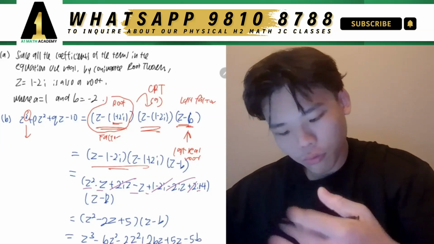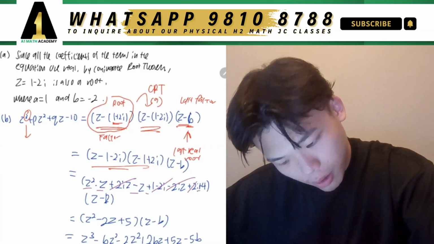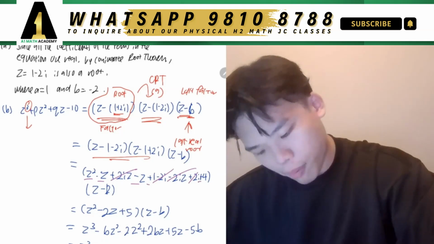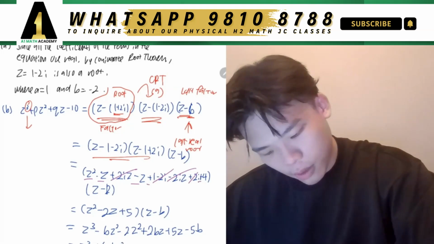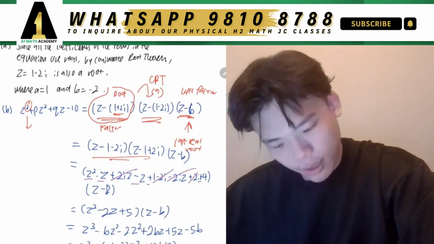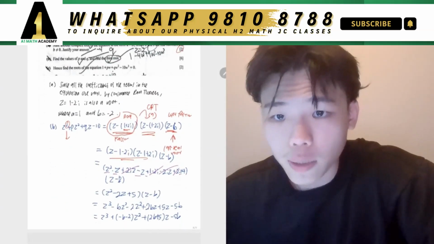And then we further simplify this and group all of the coefficients together. We'll end up with z cubed plus bracket minus b minus 2 z squared plus bracket 2b plus 5 bracket z minus 5b. Apologies for that. Now we expand this whole thing and then we essentially get this.